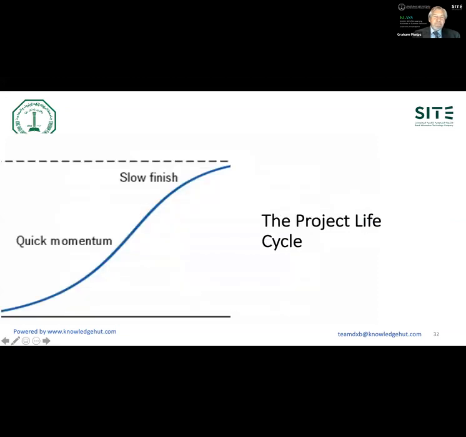So, quick momentum and slow finish. That is the preference for a good project. If you do work early in a project, you have less adrenaline, less cortisol running around your blood system, and you're more likely to deliver it on time and on budget.